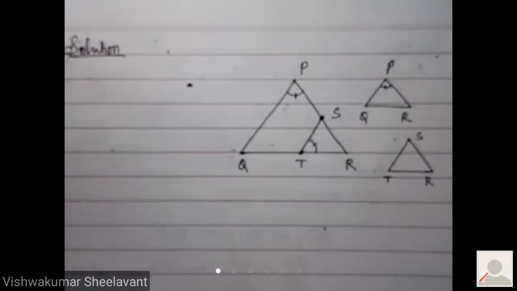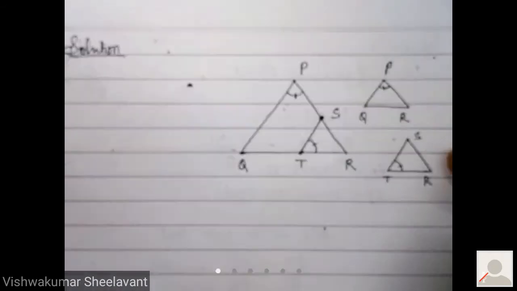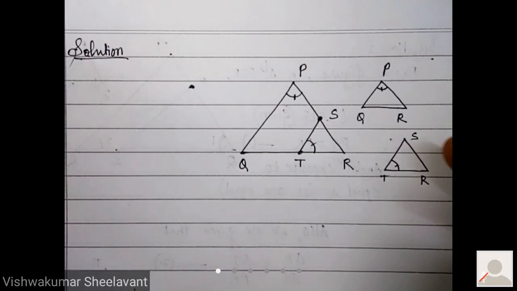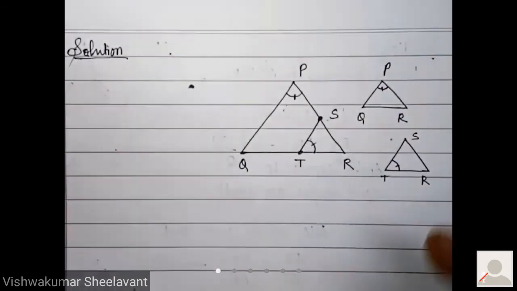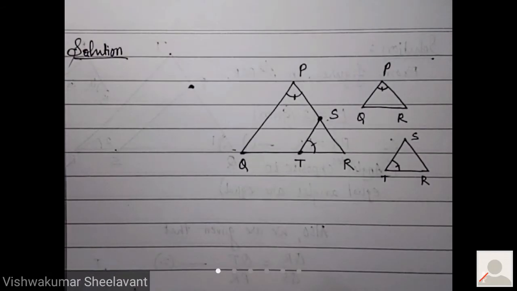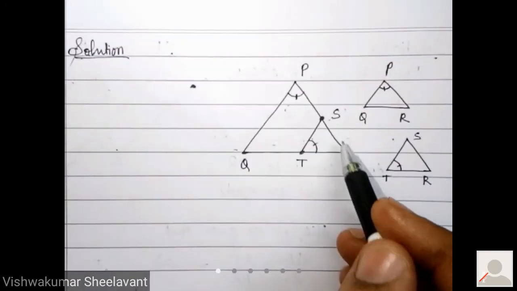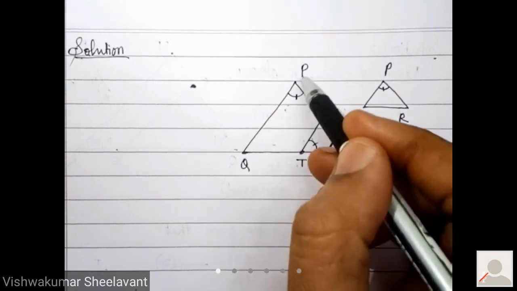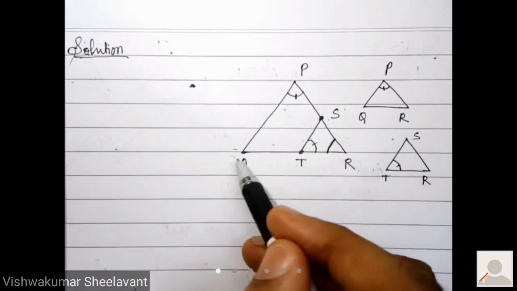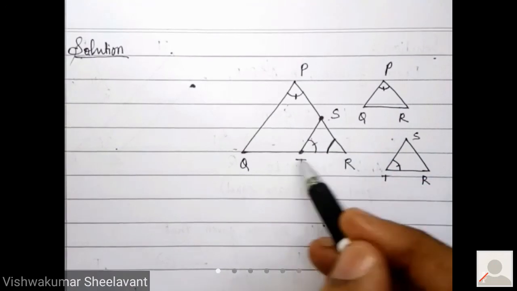STR. Now in these two triangles, angle QPR is equal to angle STR. And what else? You look at this angle R. Angle R is what? PRQ. Also angle R is angle SRT.